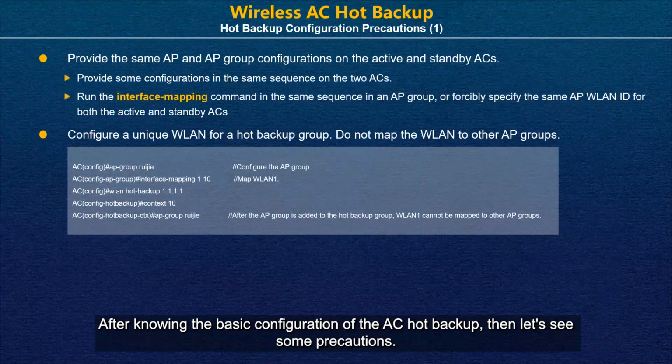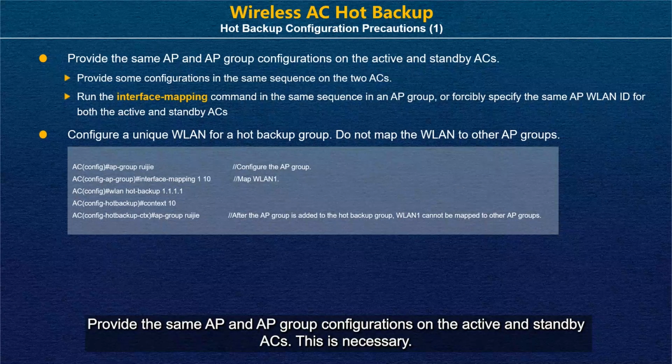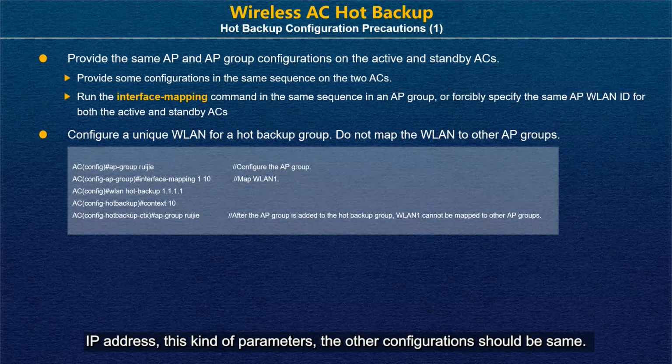Okay, after doing the basic configuration of the AC hot backup, let's see some precautions. Provide the same AP and AP group configuration on the active and the standby ACs. This is necessary. For the ACs in the same hot backup group, the configuration should be the same, except for some parameters, for example, the IP address.